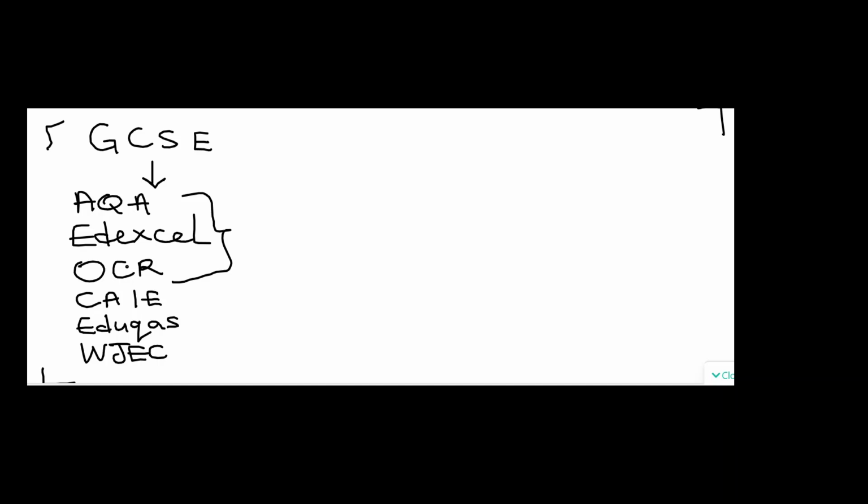Now, we're going to look at the topics. So this video is mainly focused on chemistry, right? So look at what are the topics you can find under paper 1 chemistry and the topics you can find under paper 2 chemistry. So let's say GCSE chemistry, paper 1 topics.